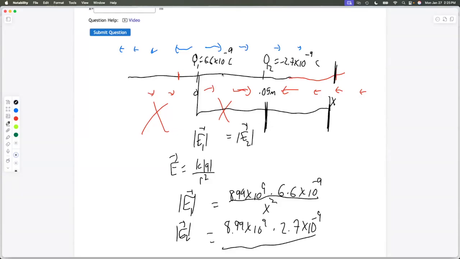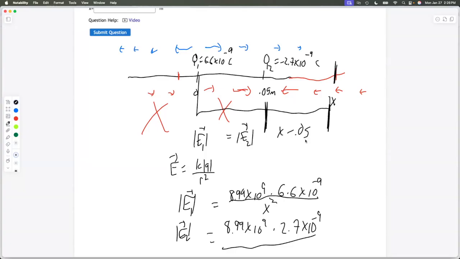So here we're going to do a little thinking. If this whole thing is x and this was 5 centimeters, then this distance here will be x minus 0.05 meters. This was 0.05. This is x minus 0.05. The whole thing is x. Notice, by the way, that that is a positive number, because of the way I set this up, x is bigger than 0.05.